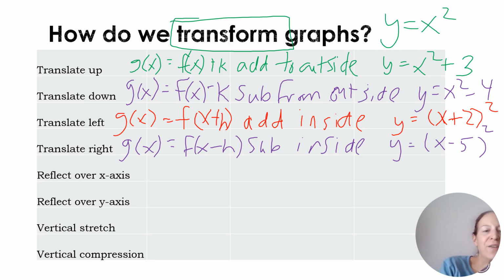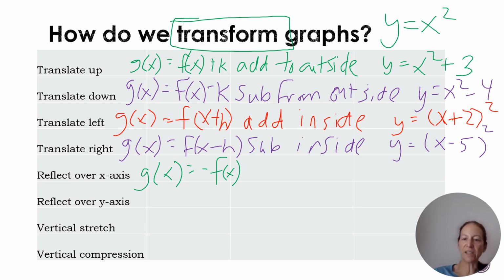Now to do that, we use a negative. And the placement of the negative is out in front. And so literally what that does is it takes every y coordinate, the f of x, and that was positive and makes it negative. So positives flip down and become negative.